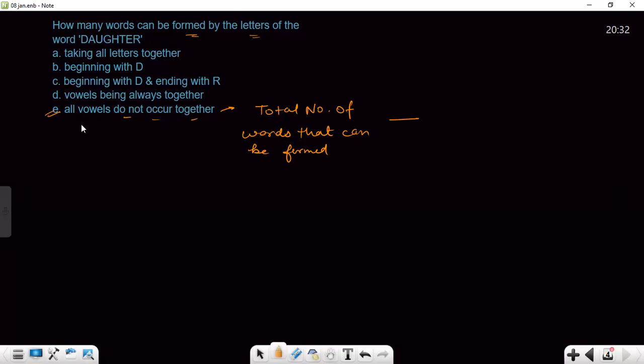What is the opposite of the condition? When there should not be any vowels coming together, the opposite is all vowels always being together. If we subtract the opposite condition from the total number of cases, then we will have the answer. Is that clear, everyone?